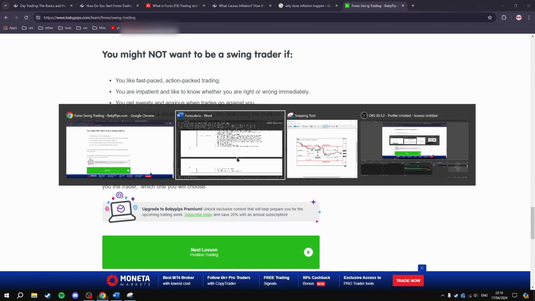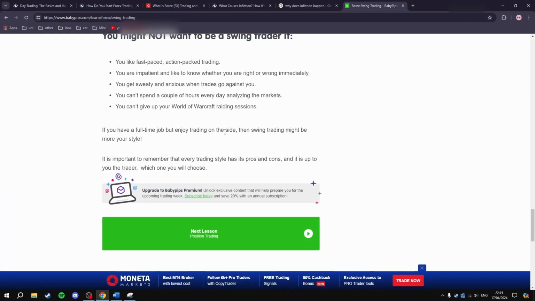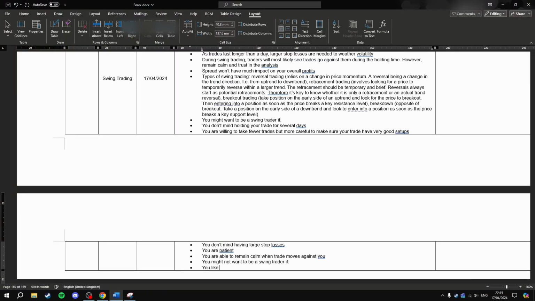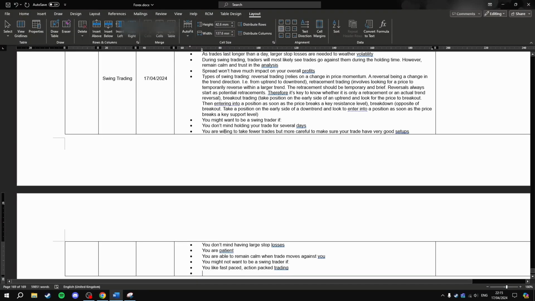You might not want to be a swing trader if you like fast-paced, action-packed trading. You are impatient and like to know whether you are right or wrong immediately.